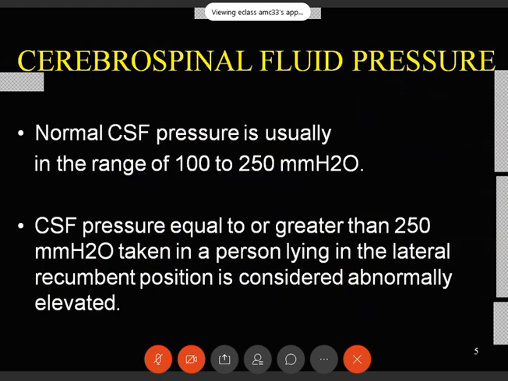Cerebrospinal fluid pressure. Normal CSF pressure is usually in the range of 100 to 250 millimeters of water.